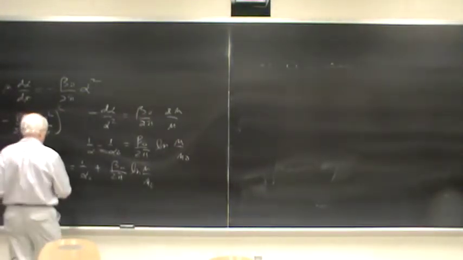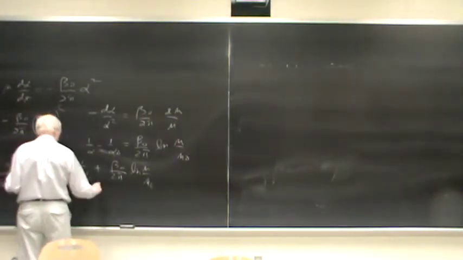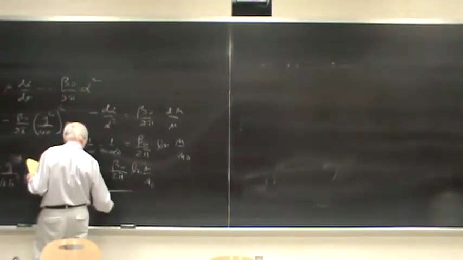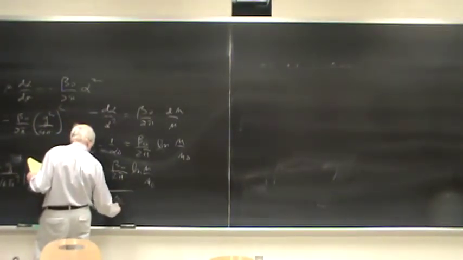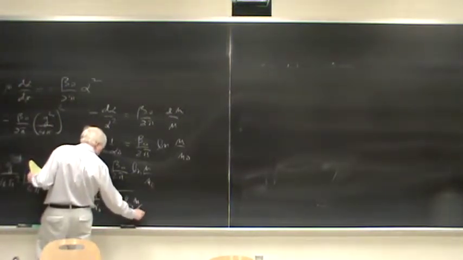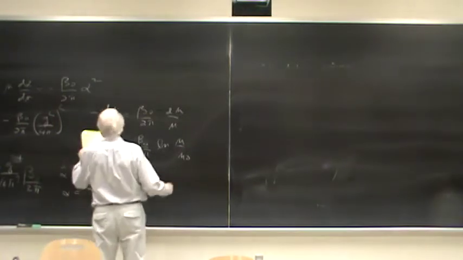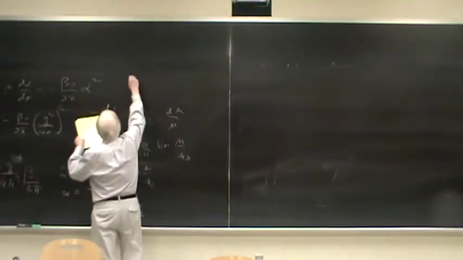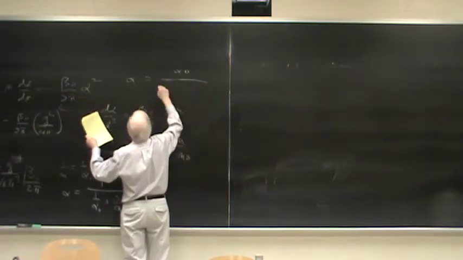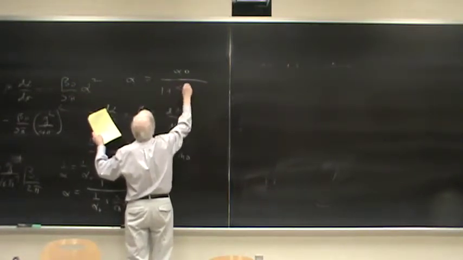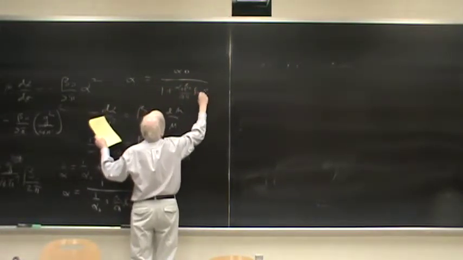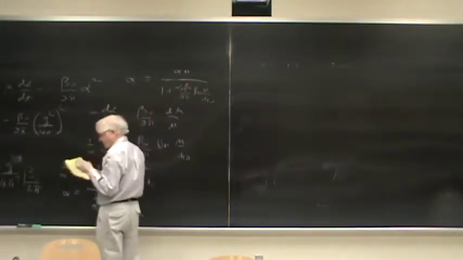And this tells us then that alpha is 1 over all of this, which is 1 over alpha 0 plus beta 0 over 2 pi log mu over mu 0. Or equivalently, alpha is alpha 0 divided by 1 plus alpha 0 beta 0 over 2 pi log mu over mu 0.